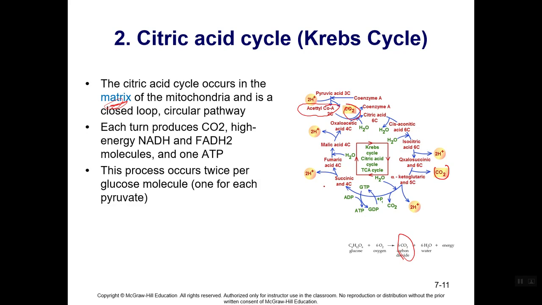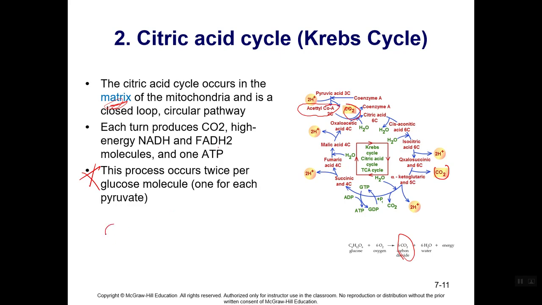We're going to breathe them out. They're not going to be used in another step, so they are listed in this equation. Now, this process is going to occur twice per glucose molecule. I want you to know that, and I want you to know why, to ensure that you're truly understanding all of this stuff. So why does this cycle turn twice for every glucose molecule that we consume?